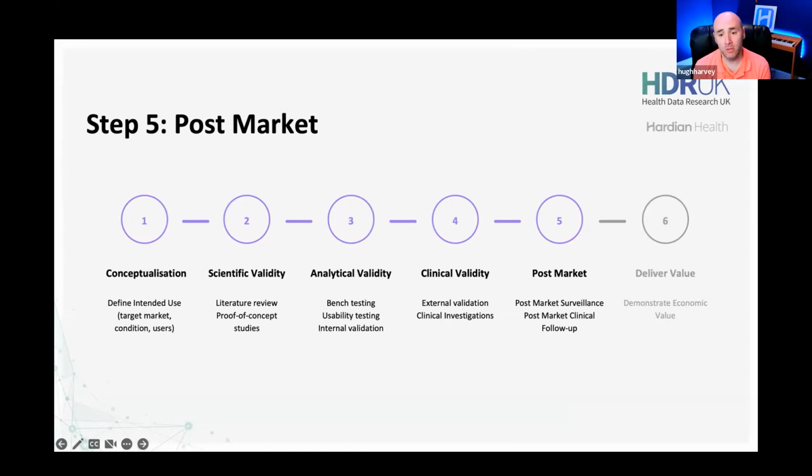So it's super important to factor in all the elements of post-market clinical evaluation when you're thinking about bringing a medical device to market. So what does post-market surveillance and clinical follow-up actually mean in practical terms? We'll go to the next slide, please.